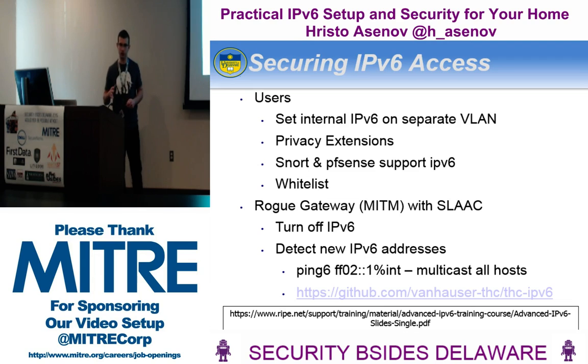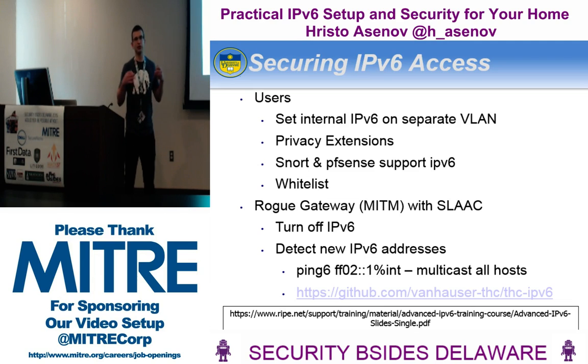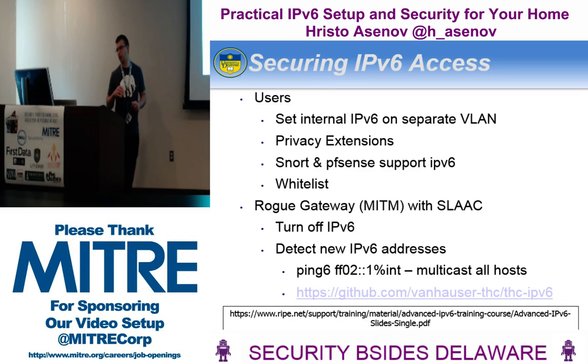If you really want to get rid of that, I guess you can turn off v6, which is kind of like what the IT department does at University of Delaware, I think, based on what I've talked about with some people. And you can detect new v6 addresses that come on.